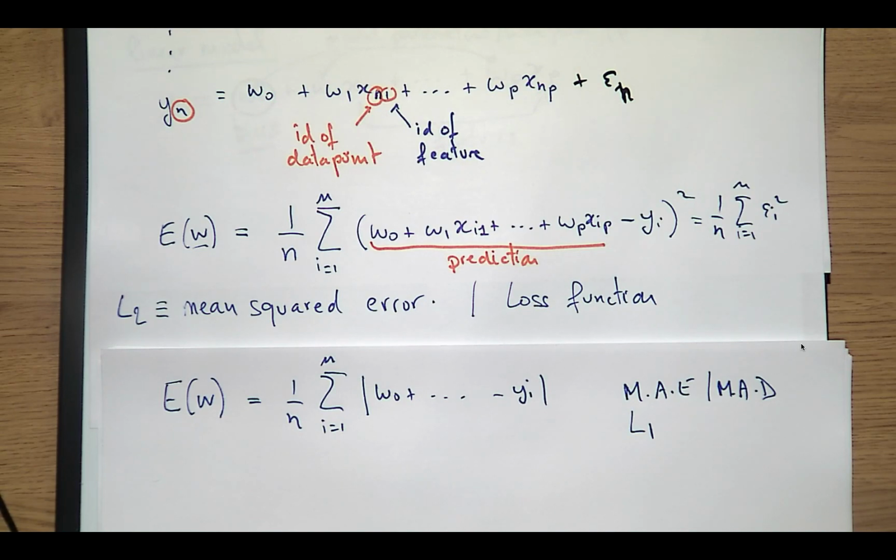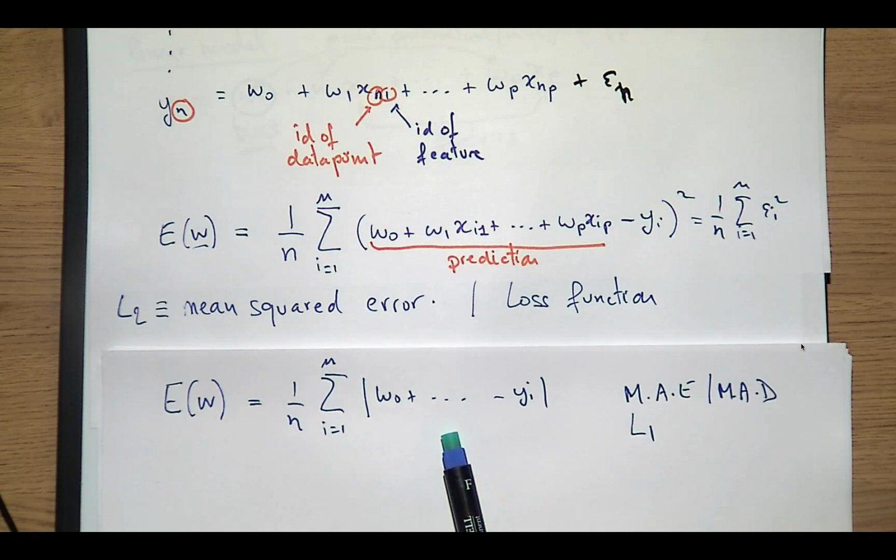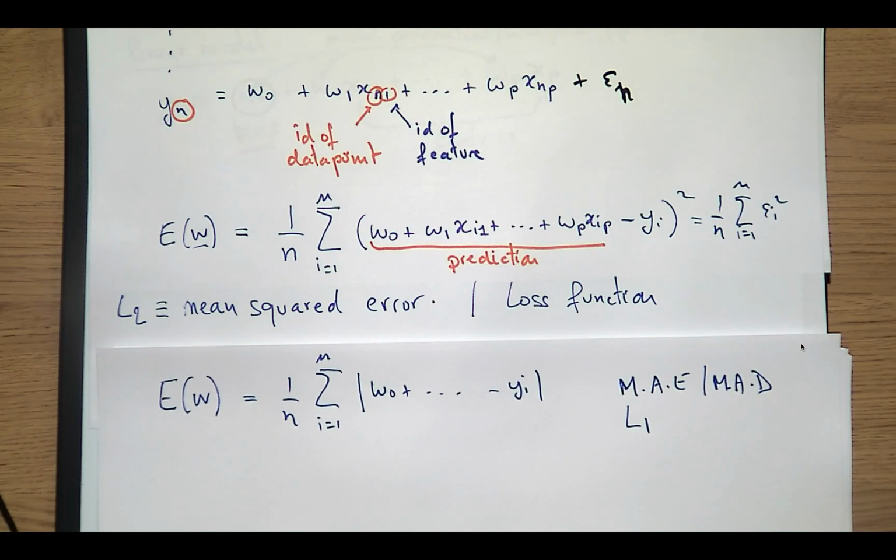As it turns out, if you want to solve for that, this becomes quite nasty in terms of optimization. It's not impossible to solve. There's been lots of work done in the last 10 years on convex optimization, and if you do a course on convex optimization, you will see how to solve these kinds of equations.